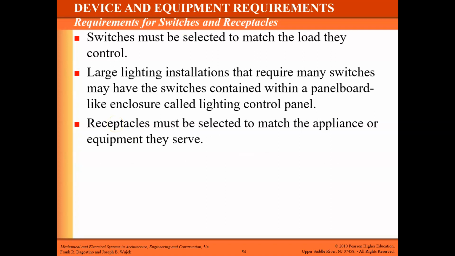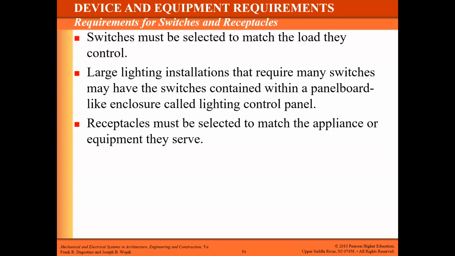A few obvious things about switches and receptacles. They must be sized to match the load that they control. So at the end of the circuit, at the actual outlet where we're going to put the receptacle in, that receptacle itself also needs to be rated for the amperage of the circuit. So if you're running a 20 amp circuit, you cannot connect a 15 amp receptacle to it. Same thing is true for the lighting fixture.